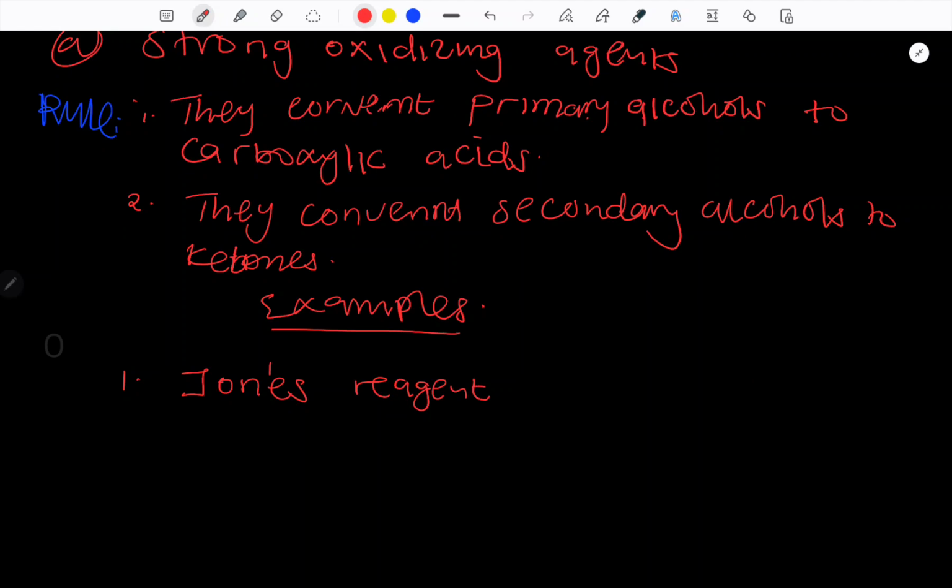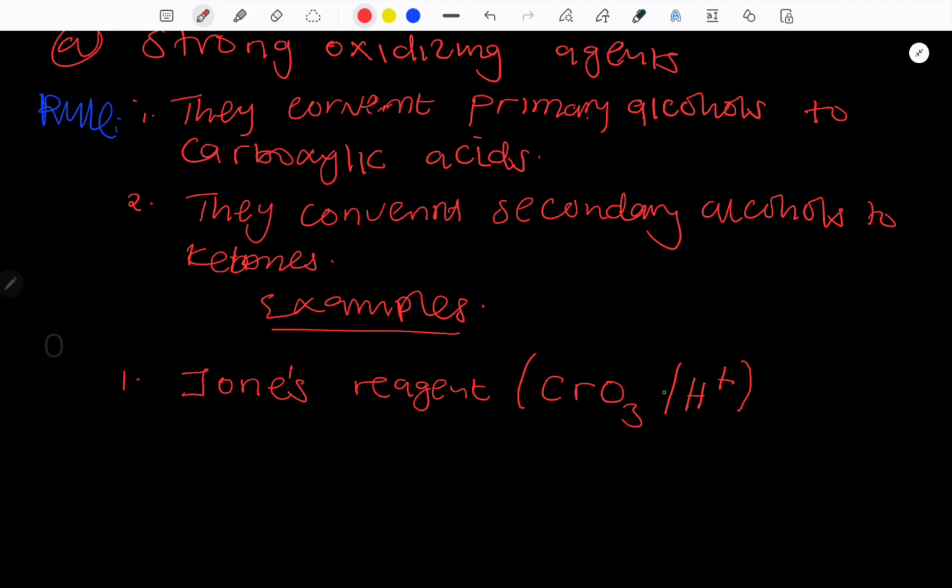So Jones reagent is nothing but CrO3. But this is achieved in acidic media. That's why I decided to put H+. So this is what we call Jones reagent.